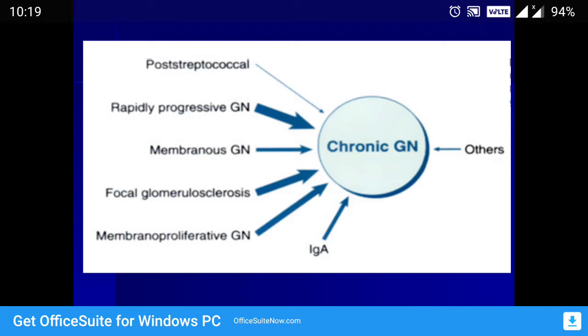The next thick arrow is focal glomerulosclerosis, next thicker is membranoproliferative. The thinnest is post-streptococcal glomerulonephritis, which means very few cases end up in chronic glomerulonephritis. Most cases of post-streptococcal glomerulonephritis will be cured.